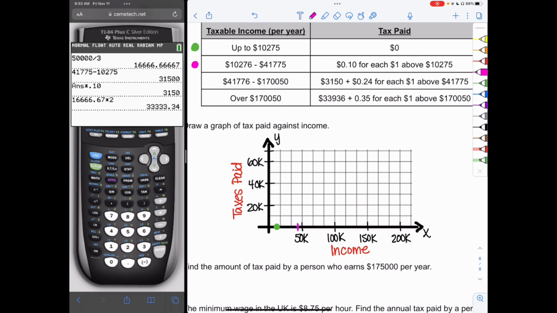Because I have to pay $3,150, and I'm going by $10,000 on the y-axis, the $3,150 is going to land somewhere in here, because it's not quite half, but it's below half. Next I need to graph the next tax bracket, which goes up to $170,000.50.